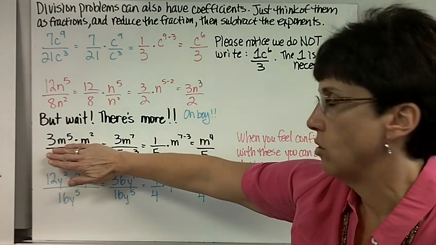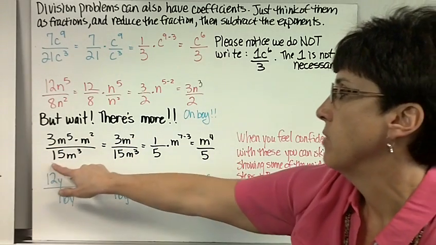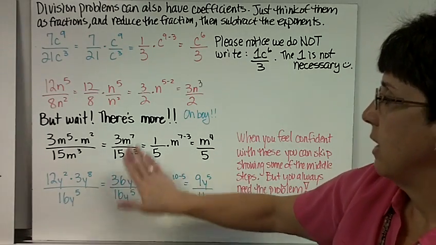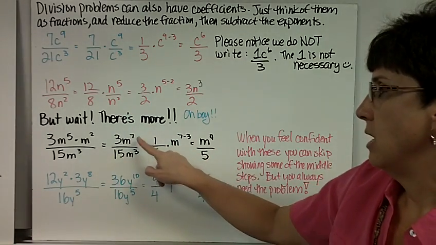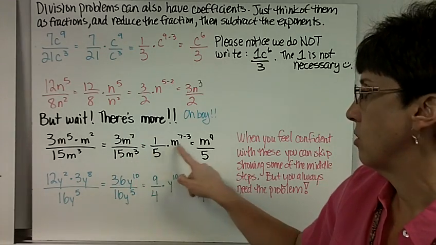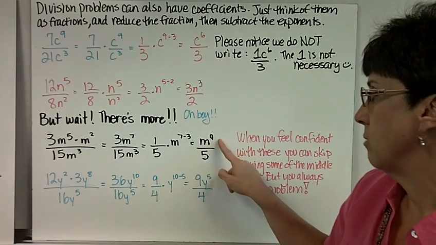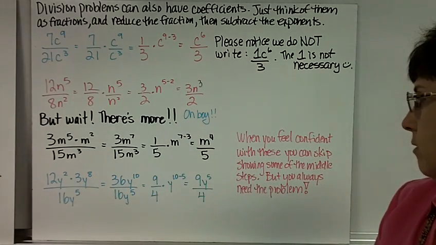So we would add those exponents and get 3m to the 7th divided by 15m to the 3rd. Now, 3 over 15 becomes 1/5. M to the 7th over m to the 3rd, m to the 7 minus 3. So 7 minus 3, we get m to the 4th. I don't carry the 1 over, and then 5 is my denominator.